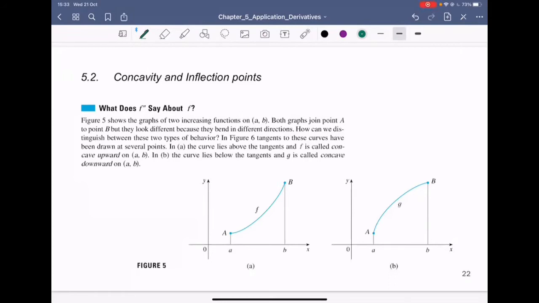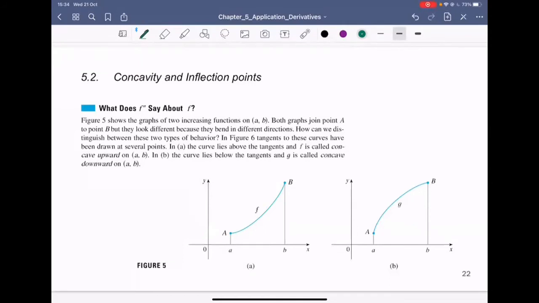We know a little bit that the second derivative helps us with the second derivative test. You can check whether a critical number gives you a local maximum or local minimum by using the second derivative test. So what else can we conclude from the second derivative?